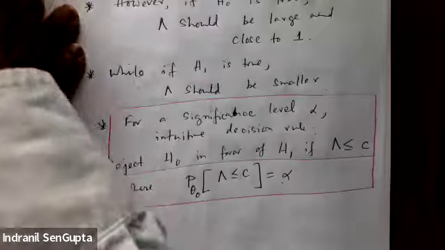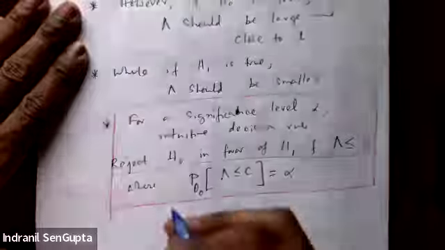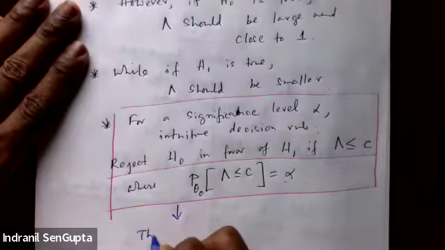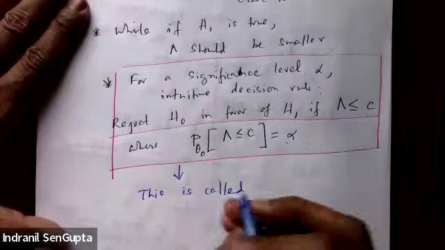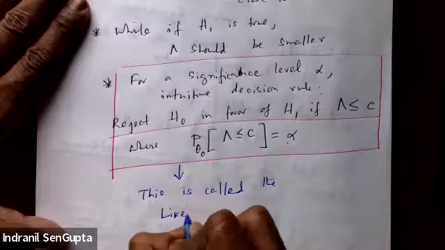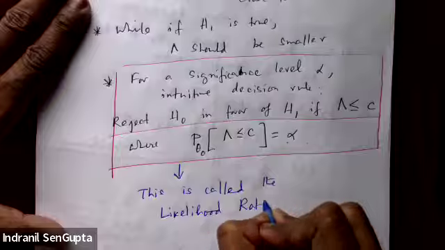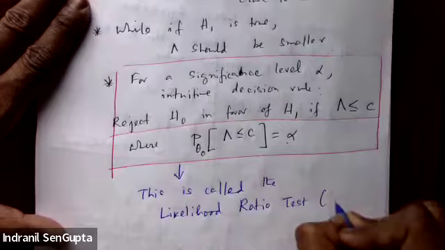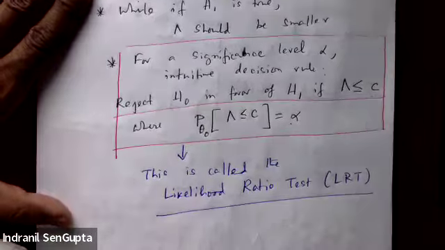So now, this test is called the likelihood ratio test, LRT.